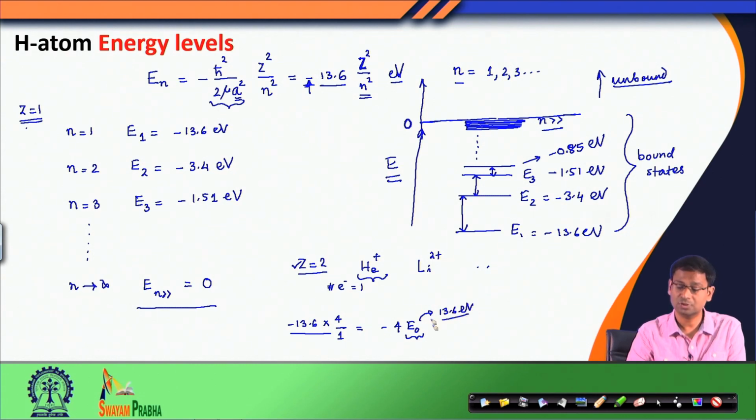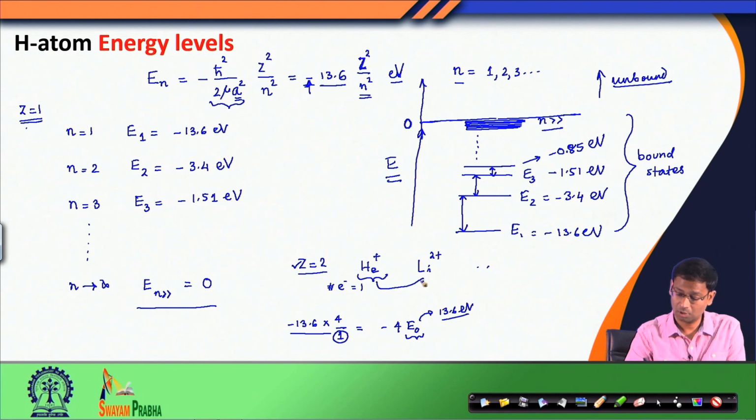This is the ground state energy. For the first excited state, or the next energy level, I will put n squared as 4. So, the second energy level will simply become minus 13.6 electron volt. This way we can derive energy levels of hydrogen-like atoms.